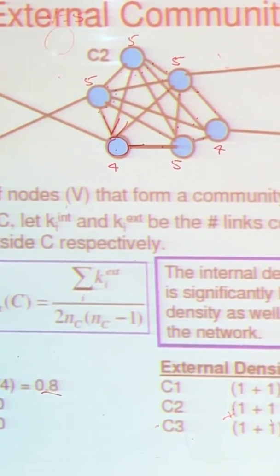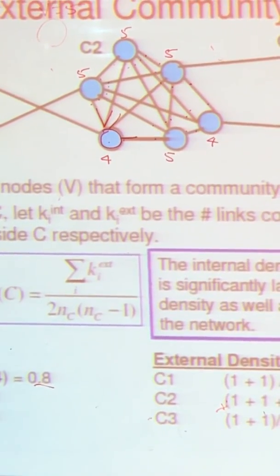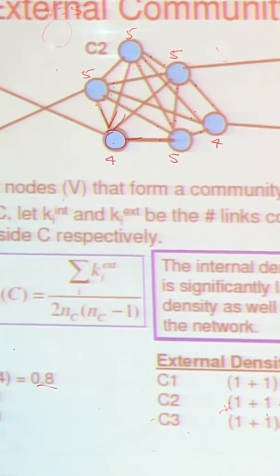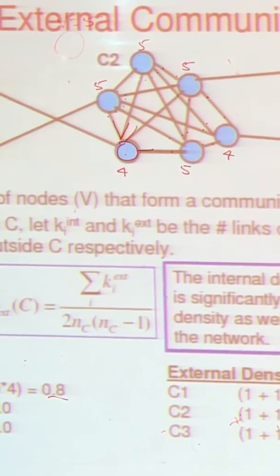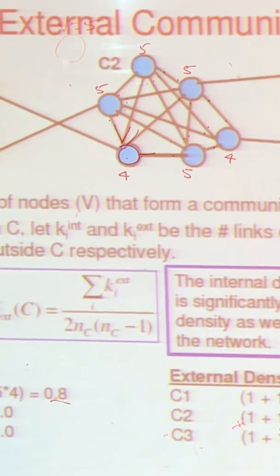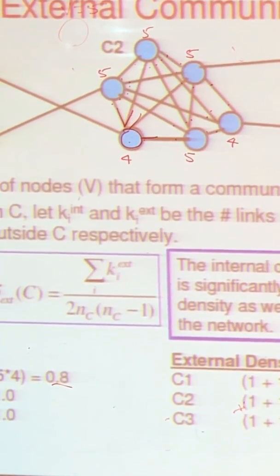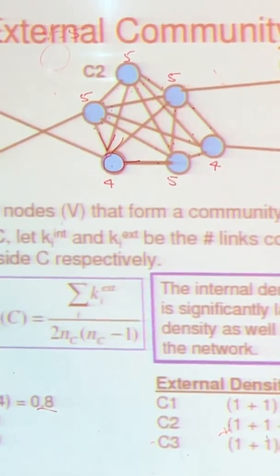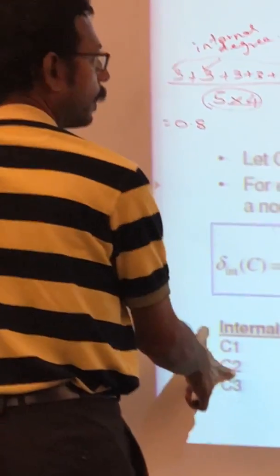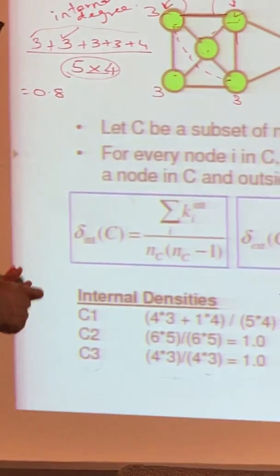So that's called the internal degree. So compute the sum of all the internal degrees divided by the maximum possible number of edges. Okay? So you have 6 times, there is some typo here, I'll figure out later.